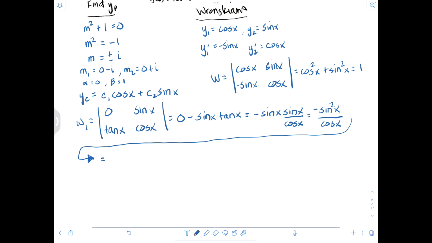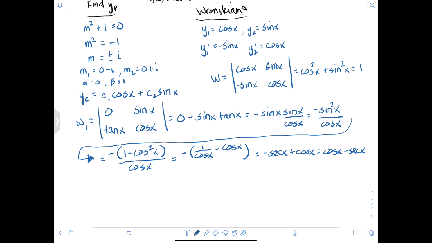So we can rewrite sine squared x as 1 minus cosine squared x over cosine x, more promising, which in turn will be negative 1 over cosine x, because we have a single term in the denominator, and then minus cosine squared x over cosine x, which is cosine x, which will give us negative secant x plus cosine x, which is cosine x minus secant x, which we can integrate just fine.